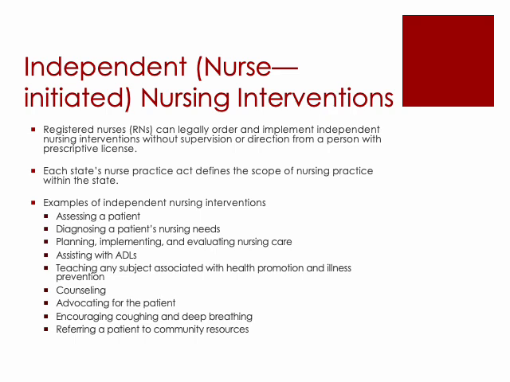Some examples of independent nursing interventions include assessment, nursing diagnosis of a patient's nursing needs, planning, implementing, and evaluating nursing care, assisting with ADLs, teaching any subject associated with health promotion and illness prevention, counseling, advocating for a patient, encouraging coughing and deep breathing, and referring a patient to community resources.